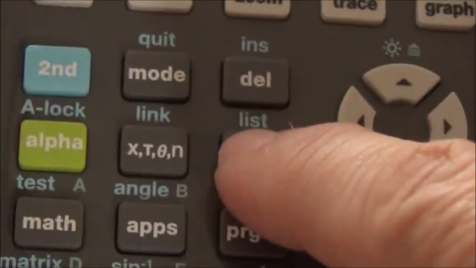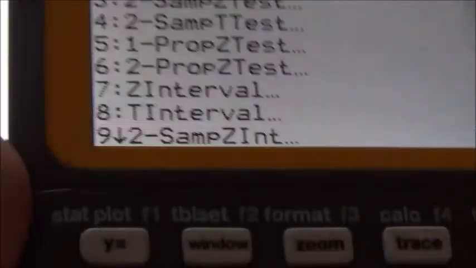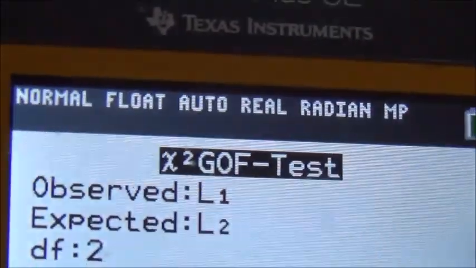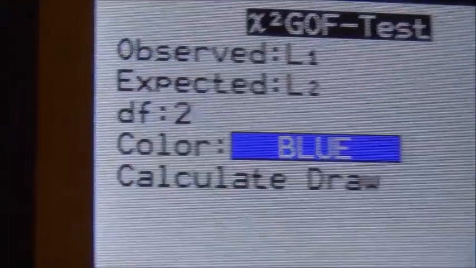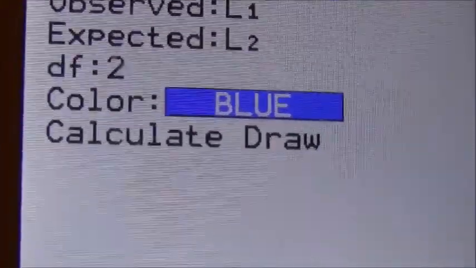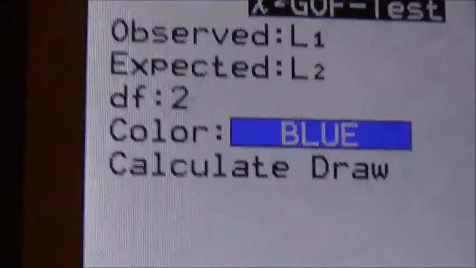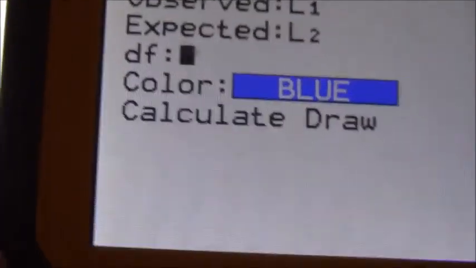Once I have those values in my list, then I can do my goodness of fit test. So I am going to hit stat, go to tests, and do D. So I'm going to do alpha and x to the negative 1 to get down to my goodness of fit test. Observed in list 1, expected are now in list 2. My degree of freedom is going to be 2 because we had 3. 3 minus 1 is 2, so that is good. And then I'm going to calculate.